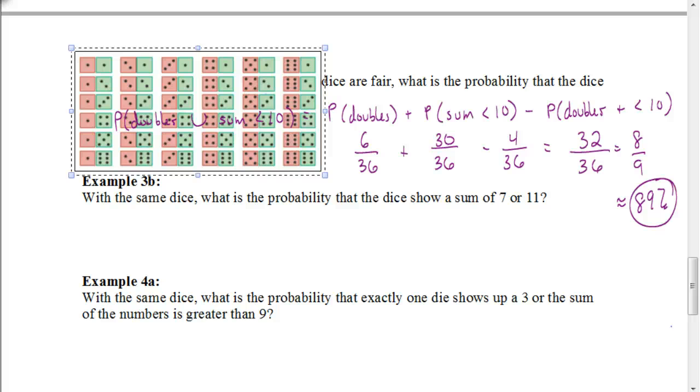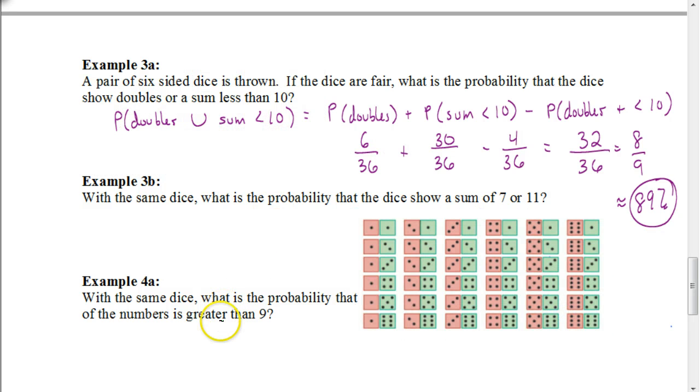We're going to first figure out the probability of getting a sum of 7. So the probability of getting a 7 plus the probability of 11, these are exclusive. There's not going to be a sum that is both 7 and 11. The probability of having a sum of 7 is 6 out of 36.